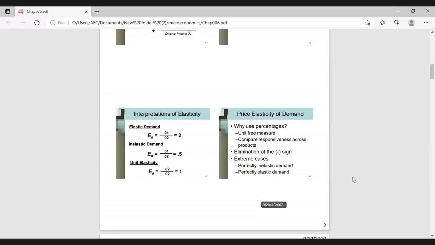If the price decreases, you can sell any amount at that price, as there are consumers to buy the product. So perfectly inelastic demand means the demand curve is vertical and elasticity is zero. Perfectly elastic demand means the demand curve is horizontal and elasticity is infinite.